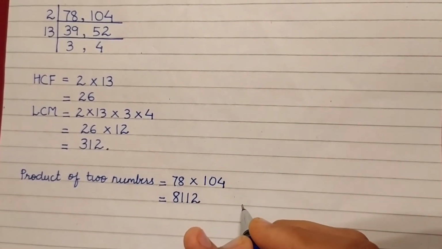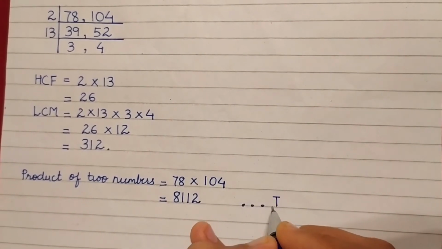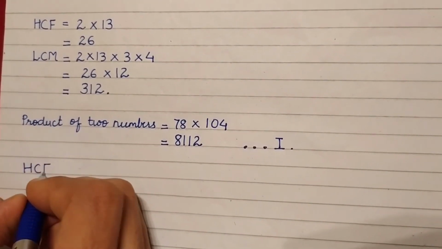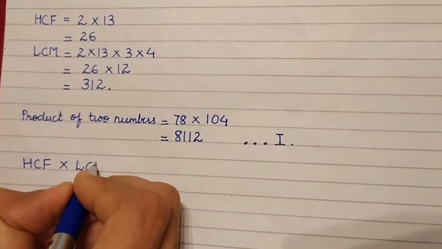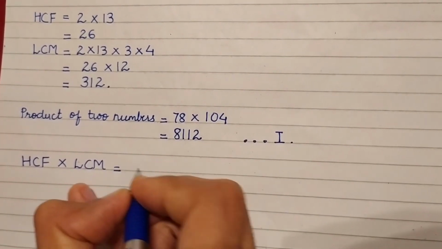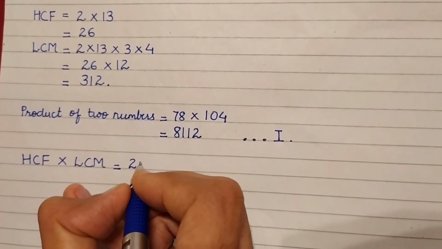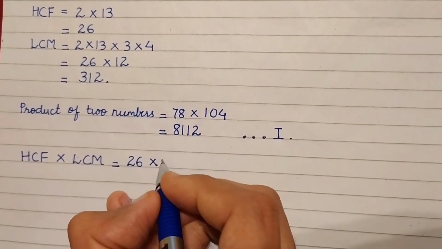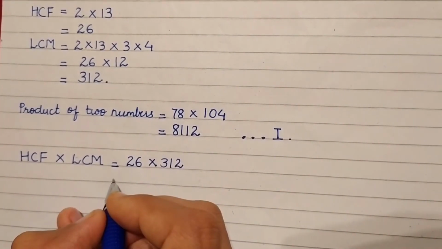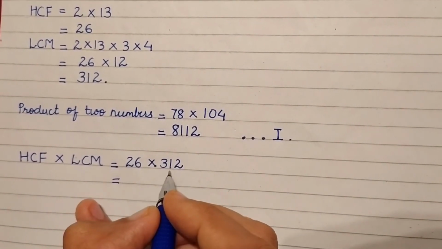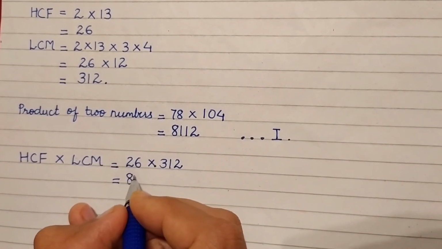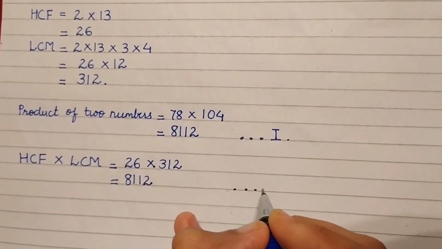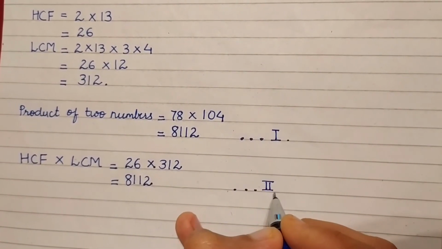We can number this as statement number 1. Now let's take product of HCF and LCM. HCF into LCM is equals to 26 into 312. Now 26 into 312 is 8112. Now this can be taken as statement number 2.